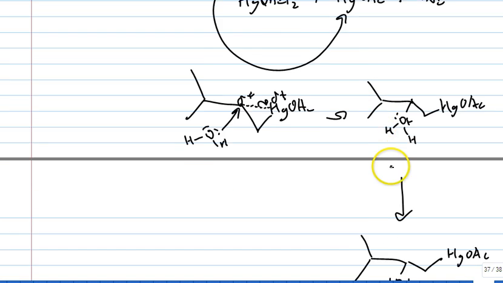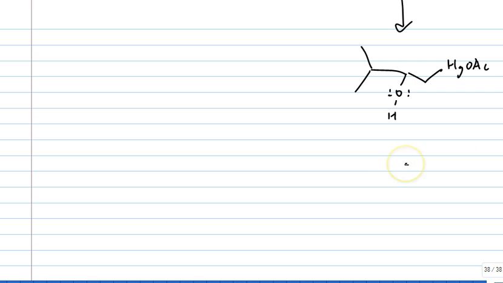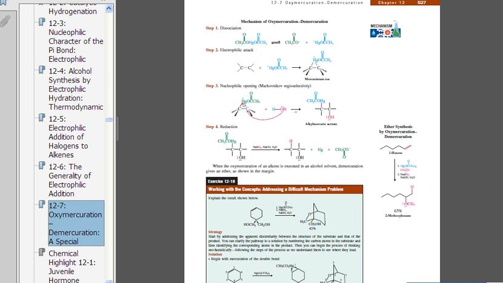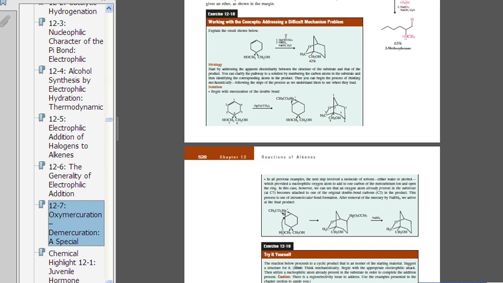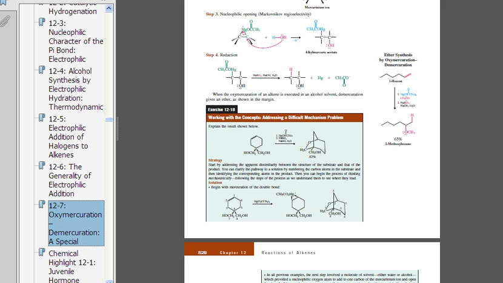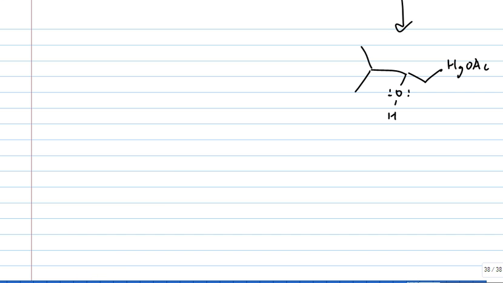Now, NaBH4, here's how you can think of this. You don't have to worry about the mechanism, because I don't think even the book goes over the mechanism. Let's see if they go over the mechanism. No, they just tell you what happens. Okay, so all you have to know is NaBH4.